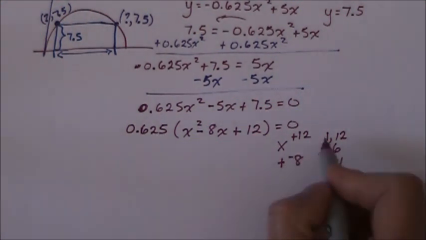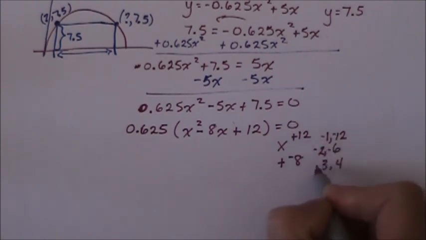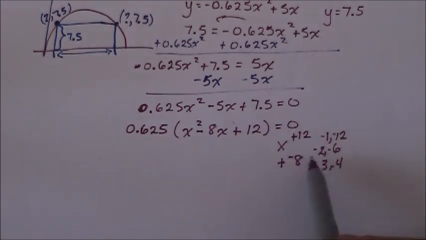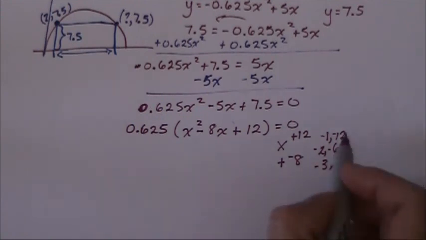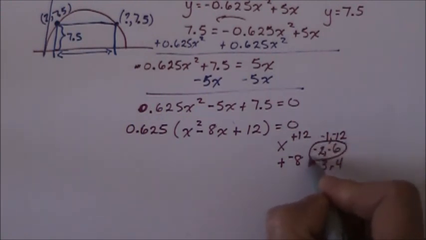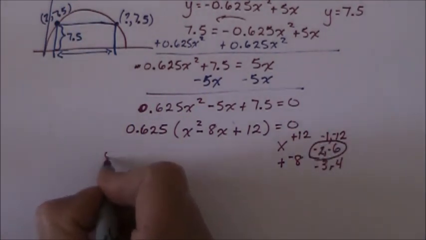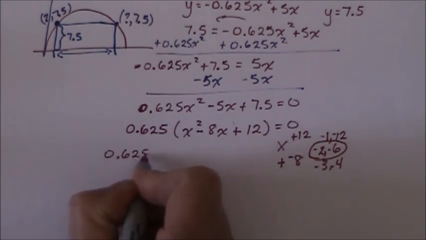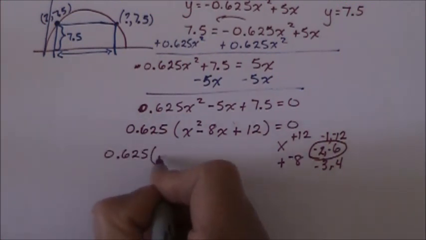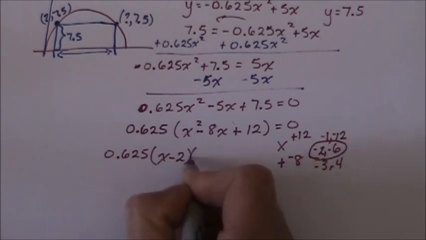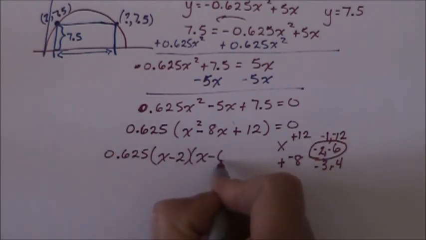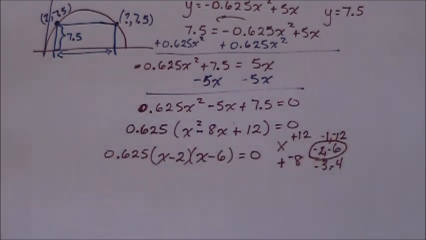Since this is a negative, they have to both be negative. And when we look at which of these combinations will add to give us negative 8, there's our combo. So we're looking at 0.625 times x minus 2 times x minus 6 equaling 0.